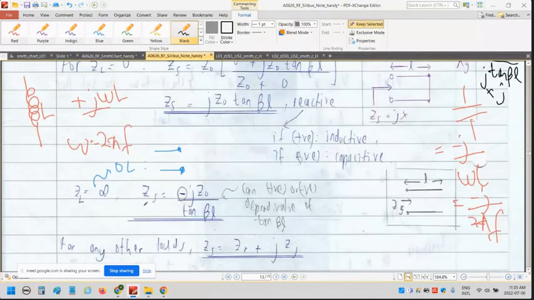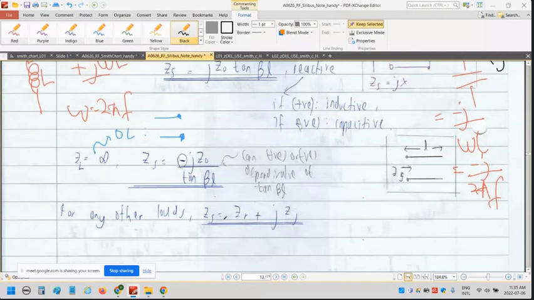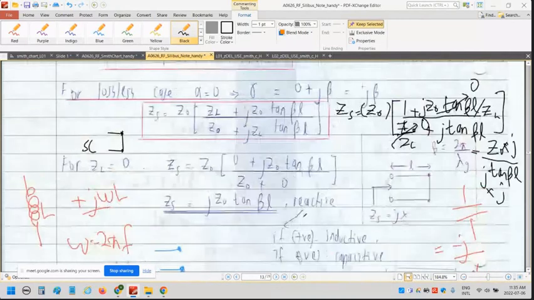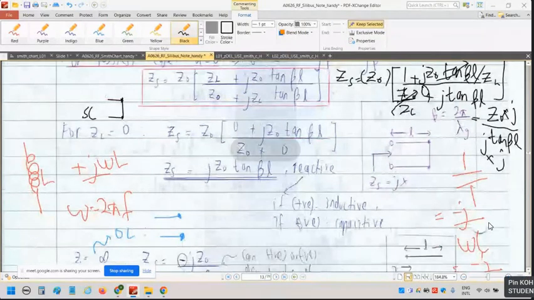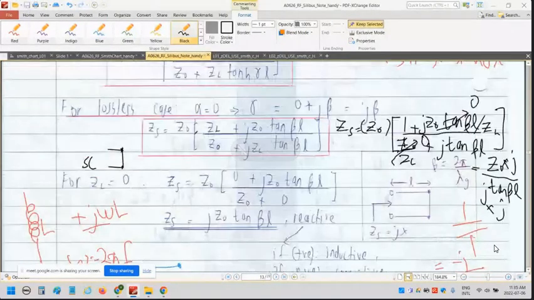For any other load, Zs equals ZR plus jZJ. Have you already written this formula, yes or no? Write this formula.